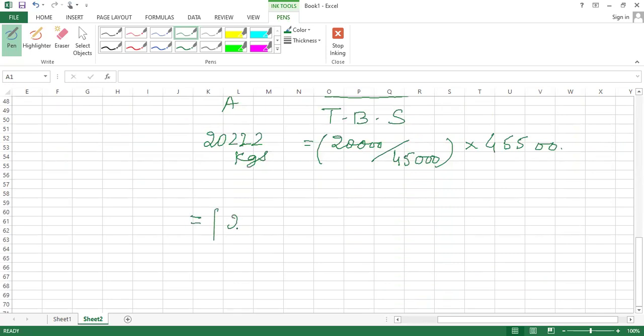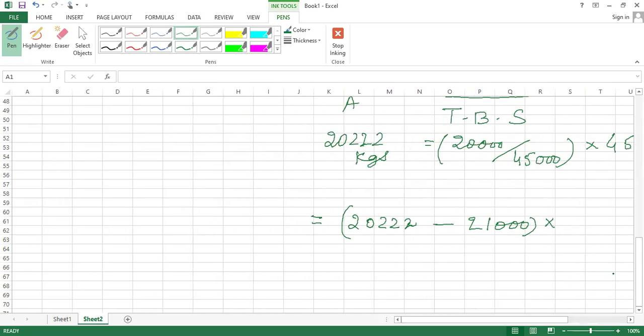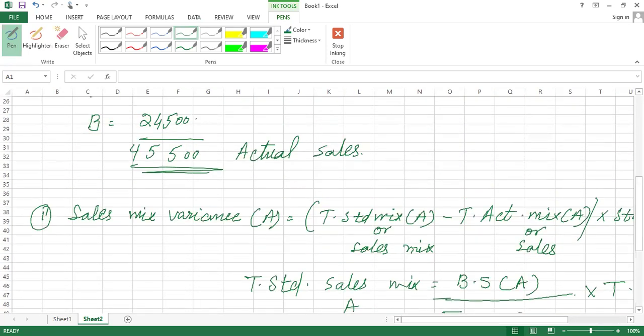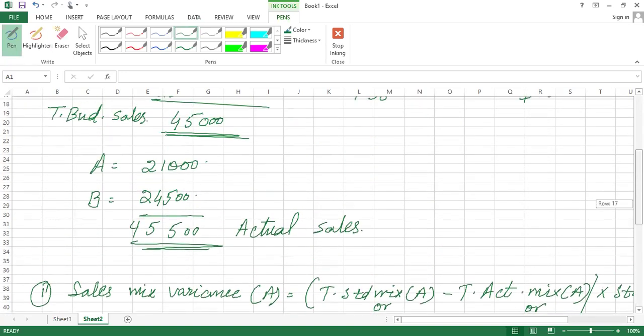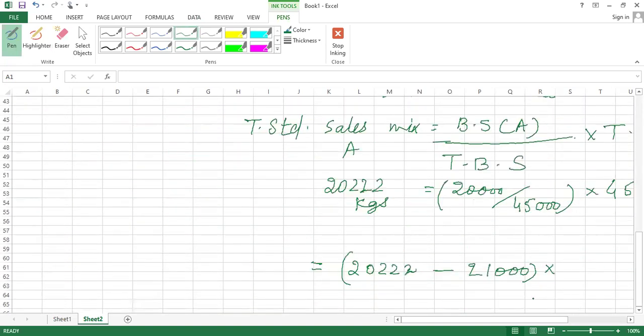So 20,000 triple two minus actual is 21,000 sales into contribution. I think we were saying $9. Yes, $9.